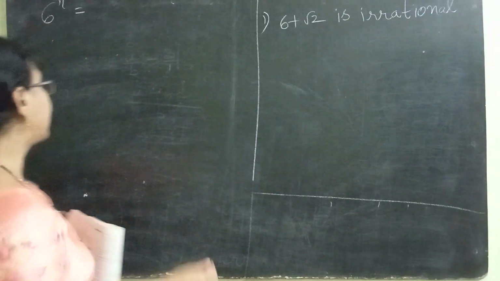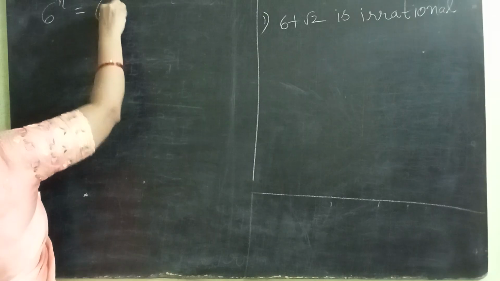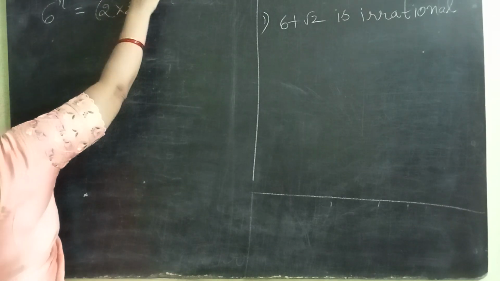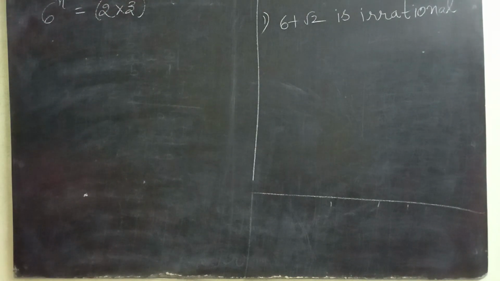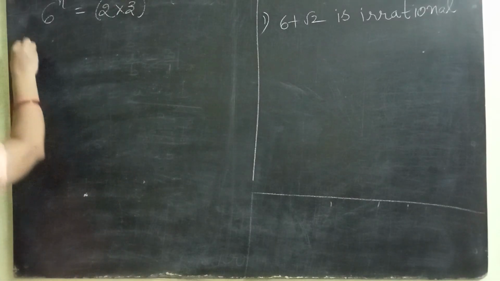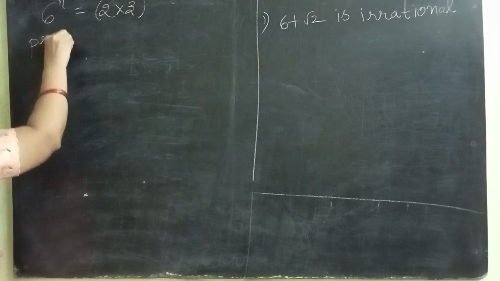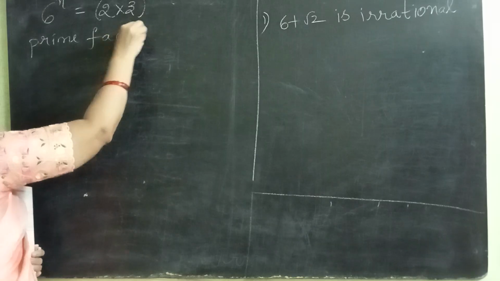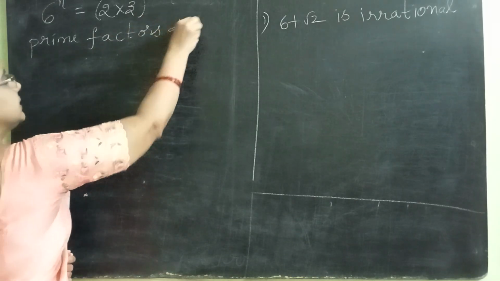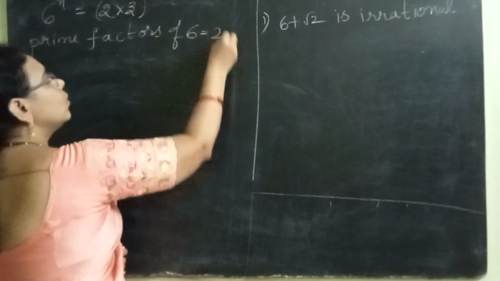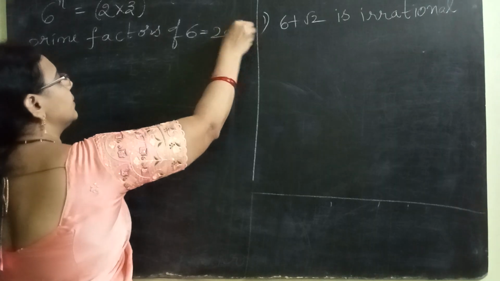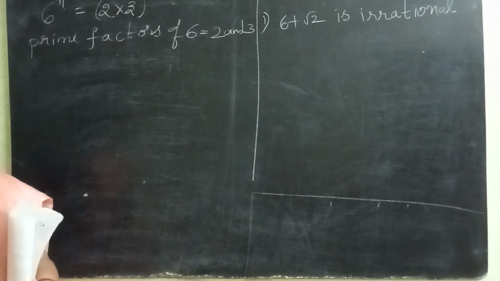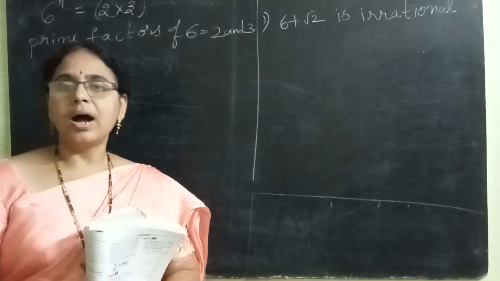As a product of prime numbers. You can write 2 into 3, whole power n. What are the prime factors of 6? Prime factors of 6 are 2 and 3.